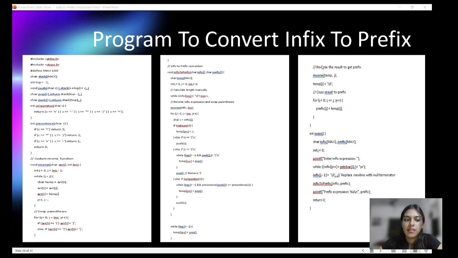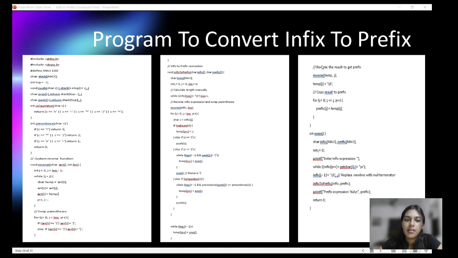For i equals 0, i less than len, i plus plus, which is used to process one character at a time. And then if c is an operand, a to z and 0 to 9, we copy it to the result.